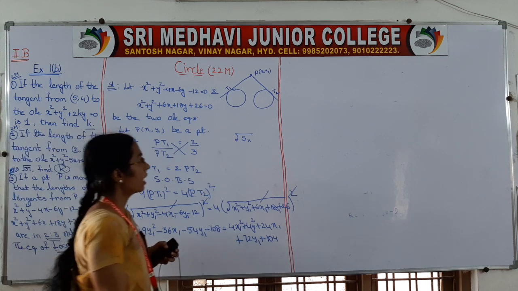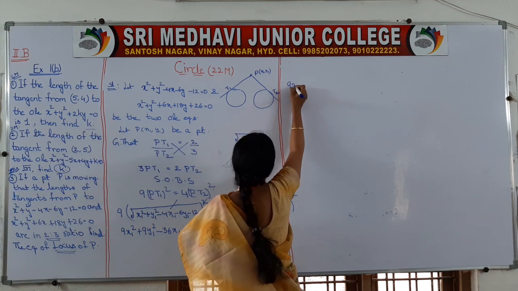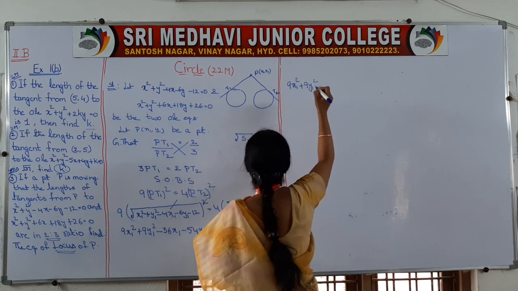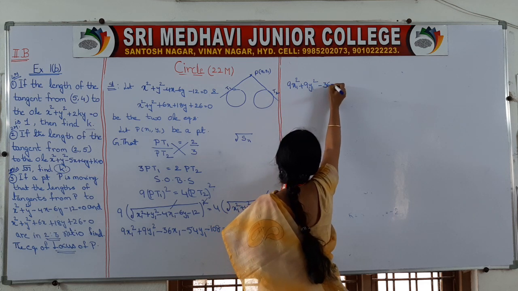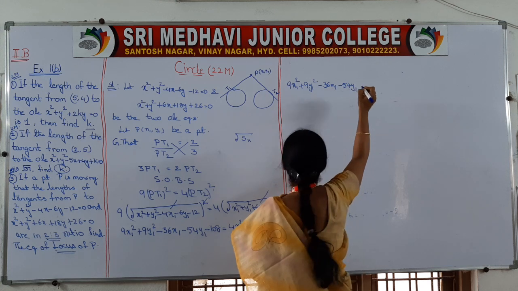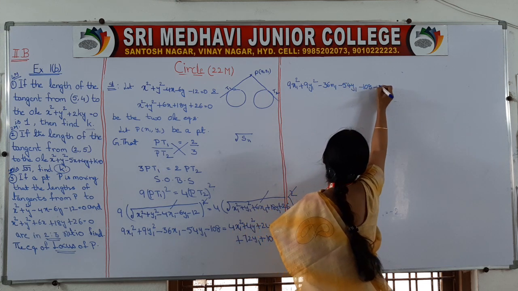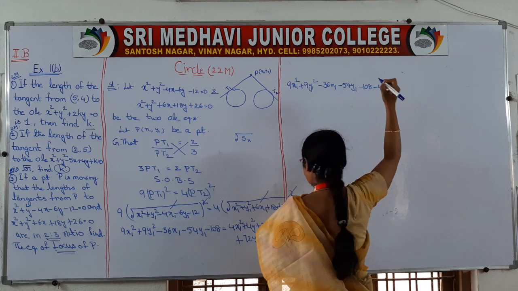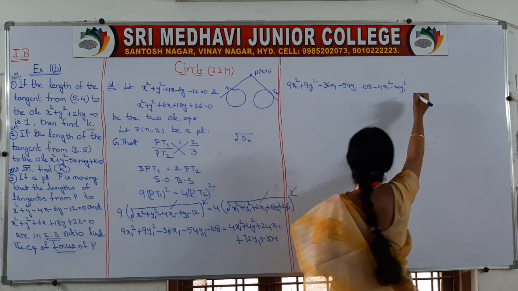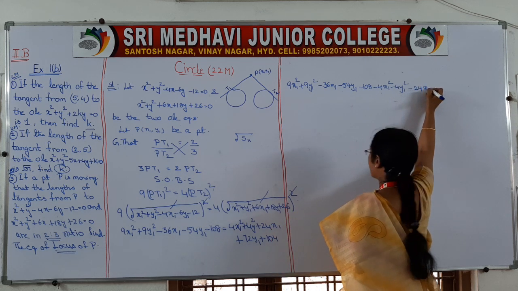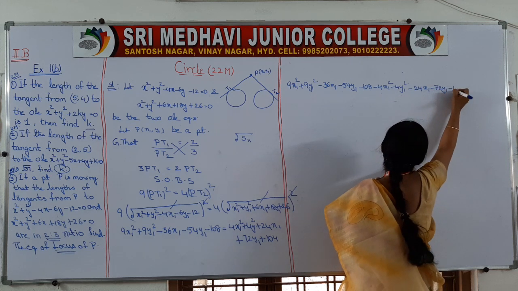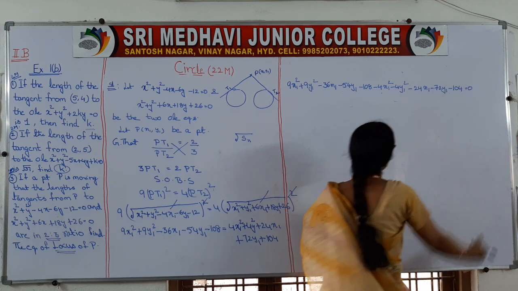Try to write all the values on one side. It is 9x1 square plus 9y1 square minus 36x1 minus 54y1 minus 108 minus 4x1 square minus 4y1 square minus 24x1 minus 72y1 minus 104 is equal to 0.